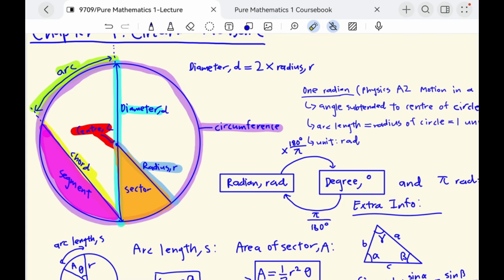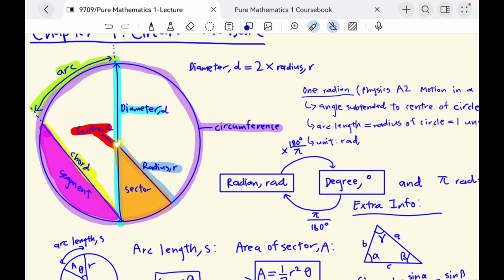And what is the diameter? The diameter is a line between two points on the arc that passes through the center. But the chord is different. Although it also intersects two points on the arc, it does not touch the center of the circle. We call it a chord.